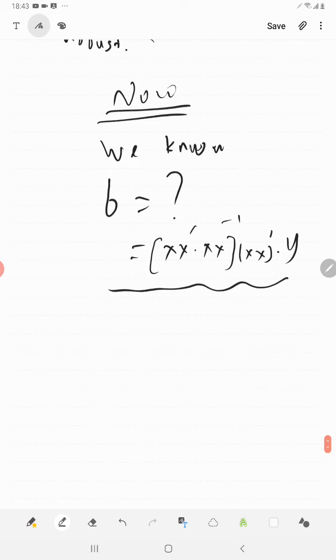This will give you B. That's B naught if we have just a constant, B1 if we have just one variable, B2 if we have two variables, and Bm if we have m variables, okay? So we know how to calculate B.